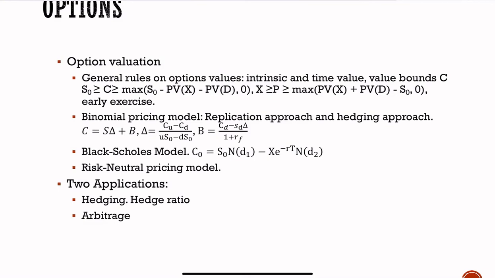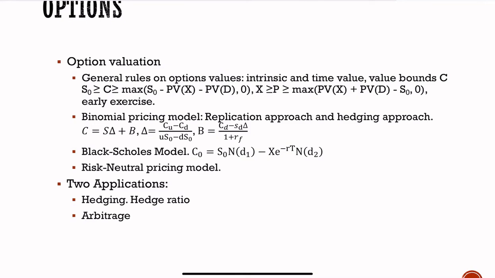And then formally, we talk about three kinds of option valuation models. The first one is binomial model. The second one is the Black-Scholes model. And the third one is the risk-neutral model.